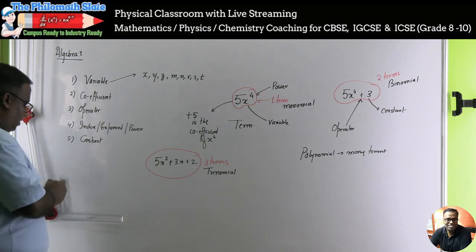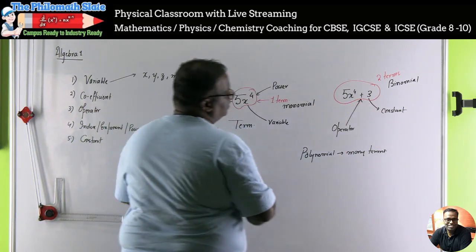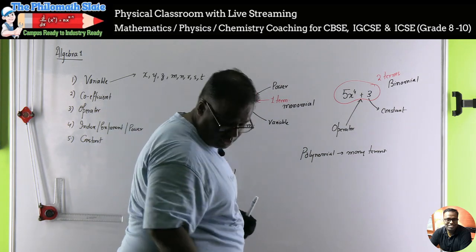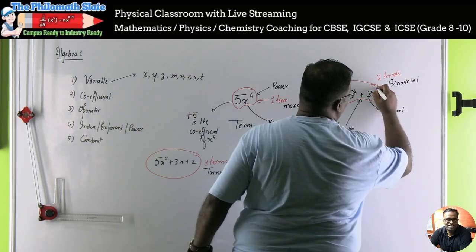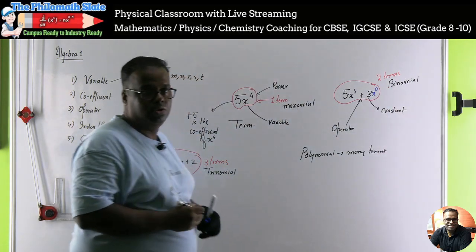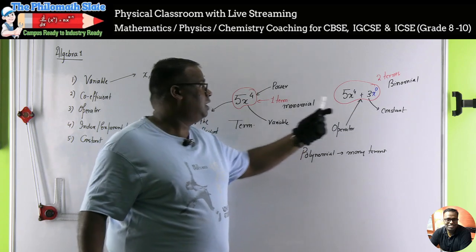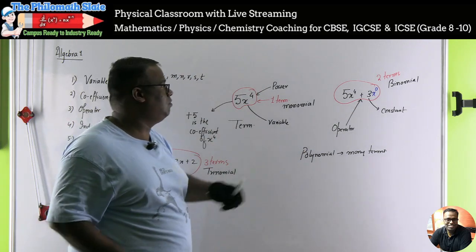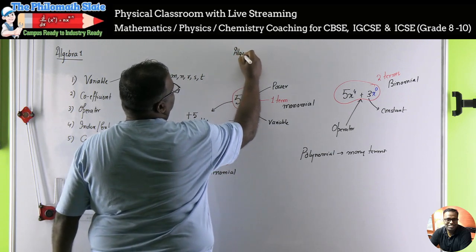Okay? Now think of a term like this. This term can also be thought of as that the constant also has a variable but with a power 0, right? All these that I have written are algebraic expressions. These are all commonly known as algebraic expressions.